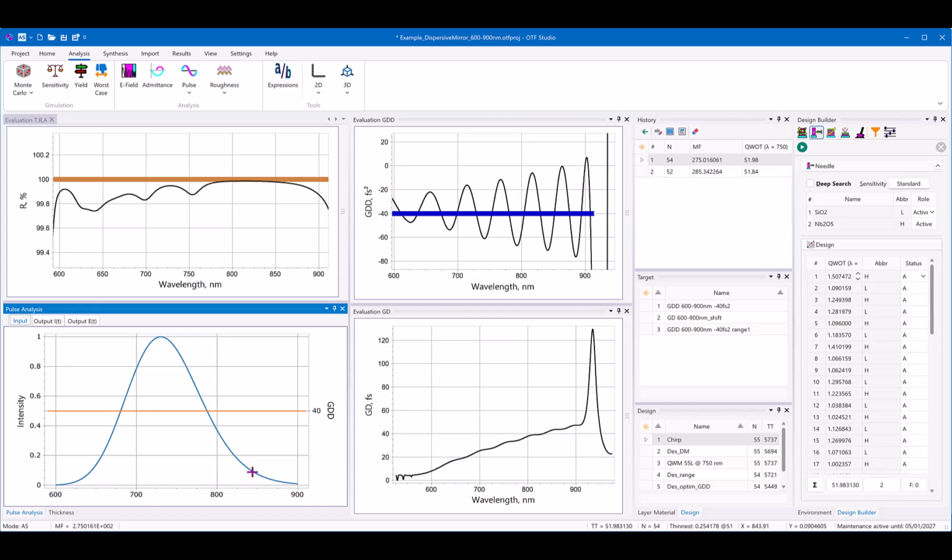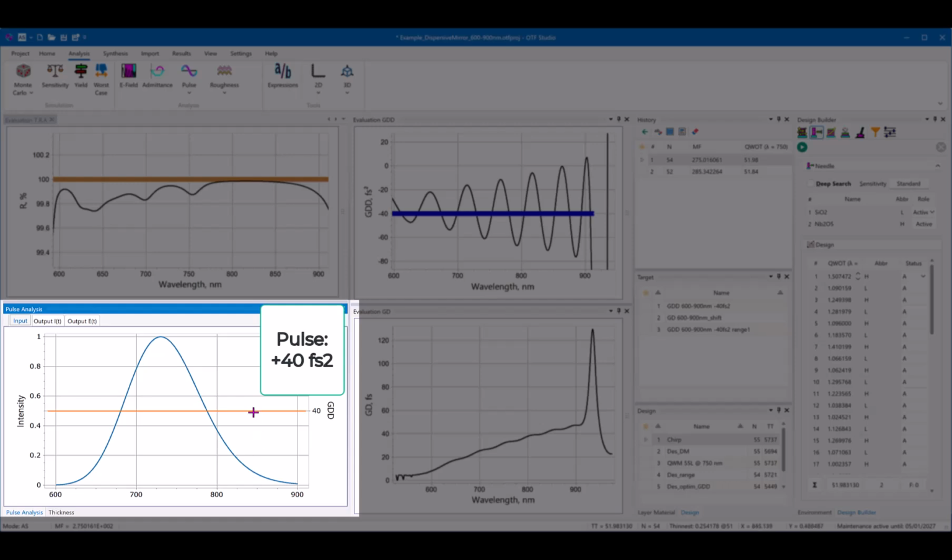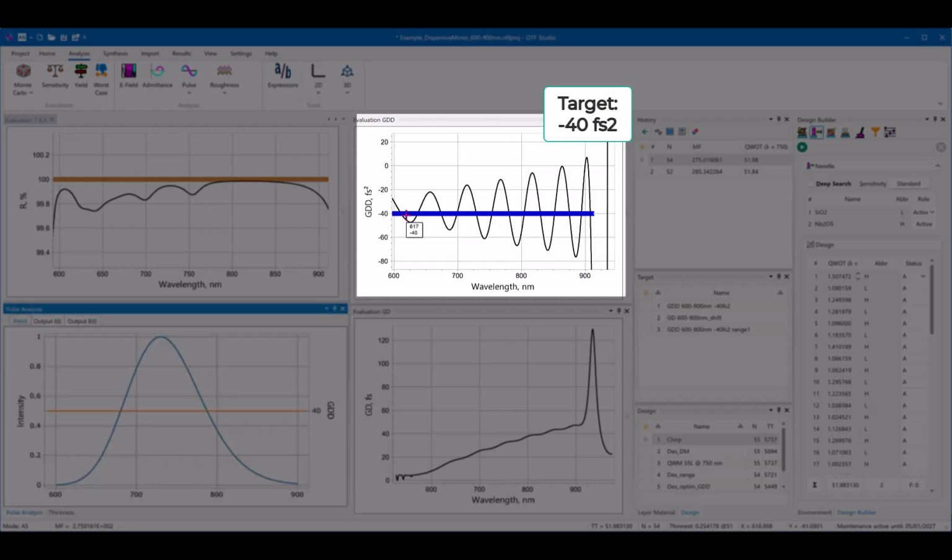This is a model pulse. And group delay dispersion of the pulse. This is plus 40 femtosecond square. And our target is group delay dispersion minus 40 femtosecond square, because this is group delay dispersion of the pulse with opposite sign.